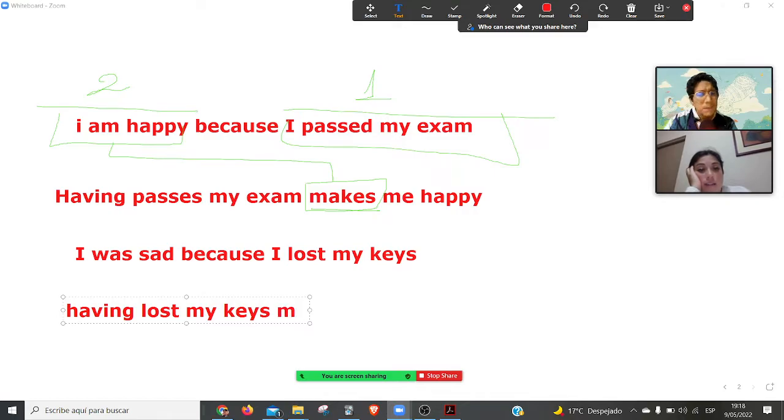Makes me sad. But it says I was. Did all the action happen in the past or not? I was sad because I lost my keys. So having lost my keys makes me or made me? Made me sad. Did you understand?